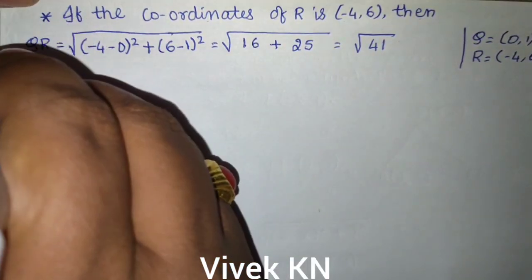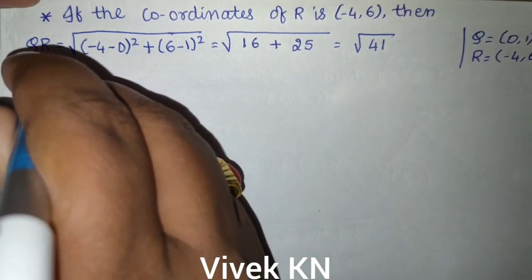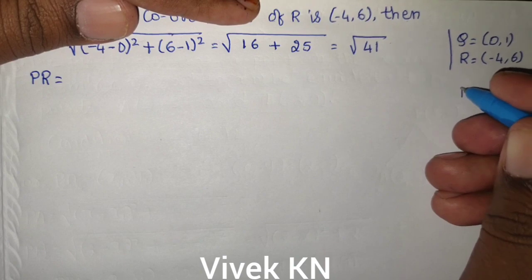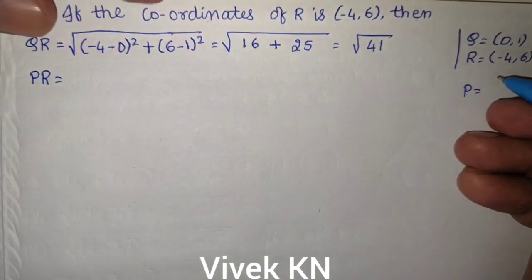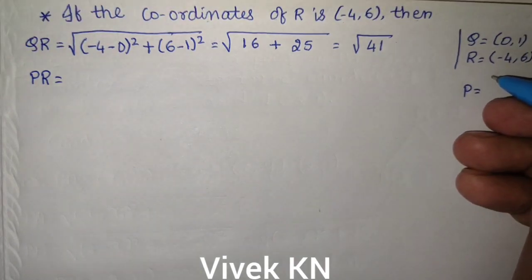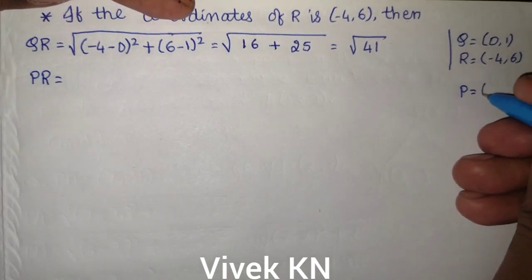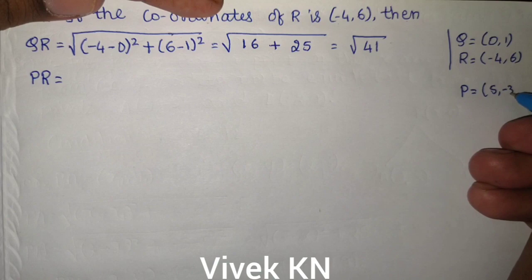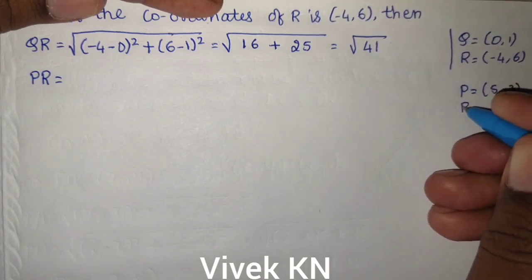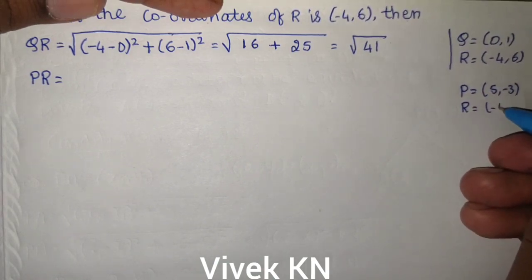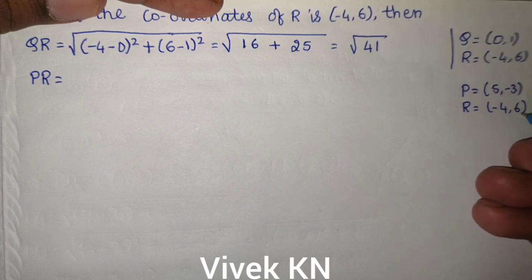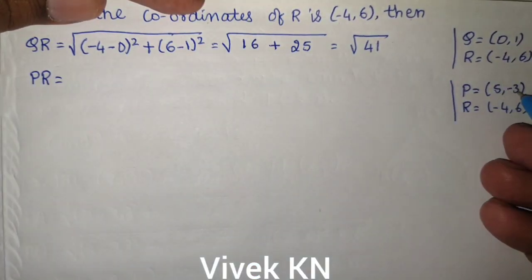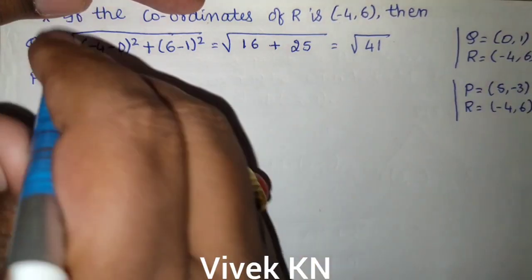Now let us find the distance between the points PR. For PR, the coordinates of point P is 5, minus 3. Coordinates of R is minus 4, 6. For PR, this is x1, y1 and this is x2, y2.